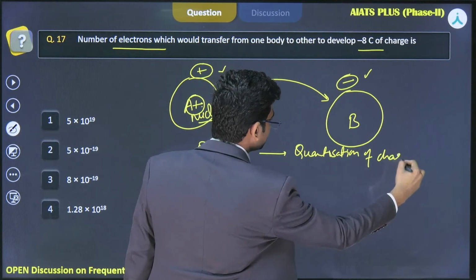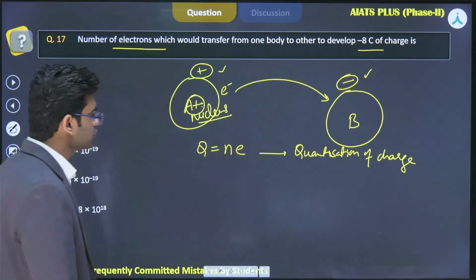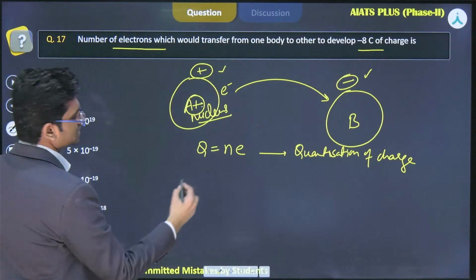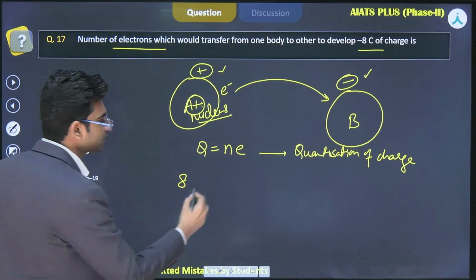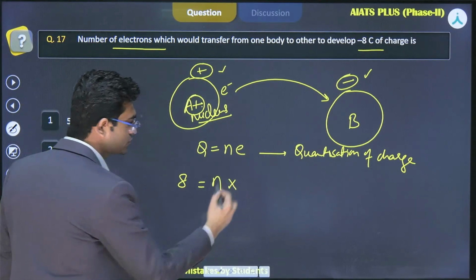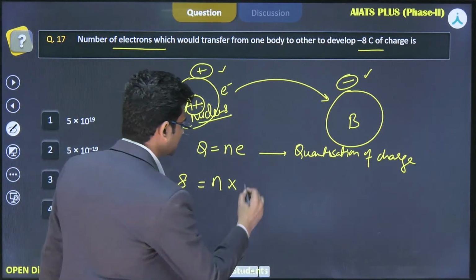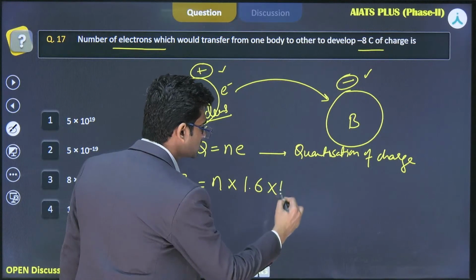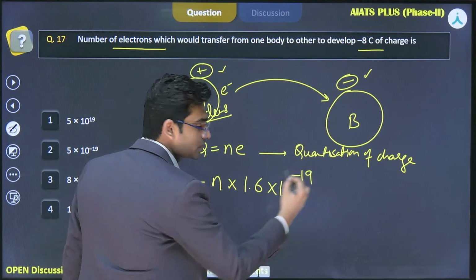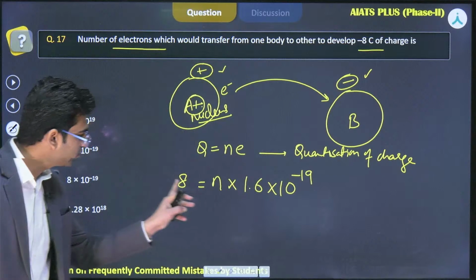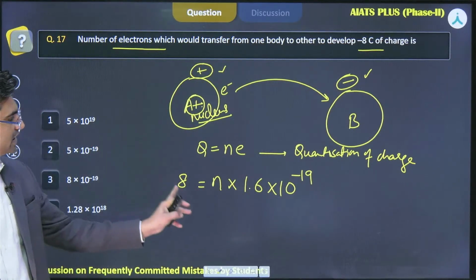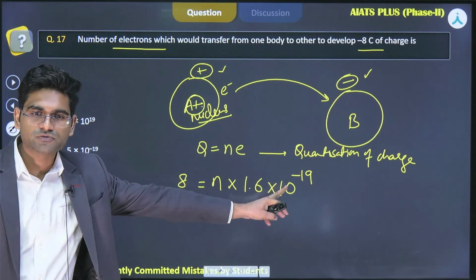Q is 8 coulomb, so I am writing 8 here. N, I have to find out, the number of electrons, and E, the charge on one electron, is equal to 1.6 into 10 raised to power minus 19 coulomb, right? I am dropping the minus from here and from here. So 8 is equal to N into 1.6 into 10 raised to power minus 19.